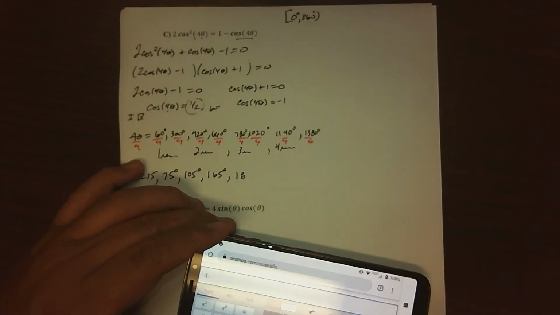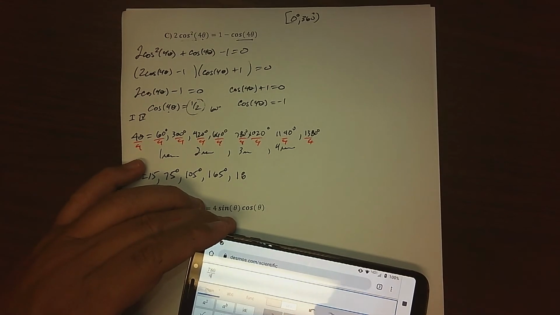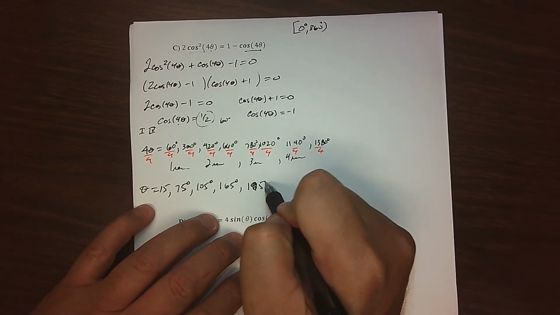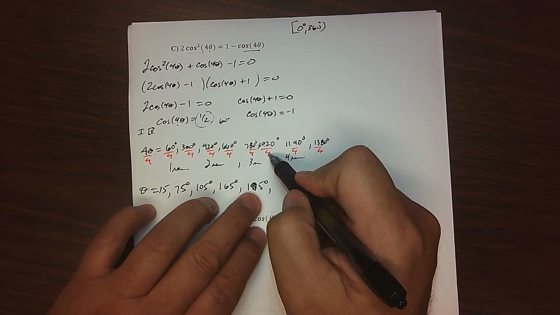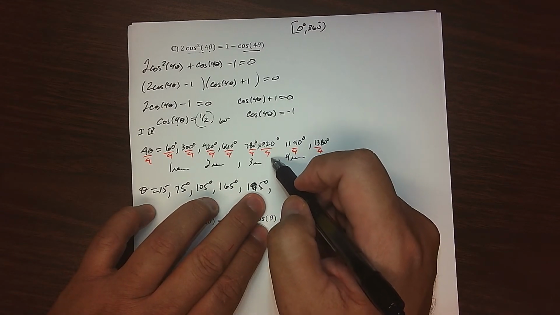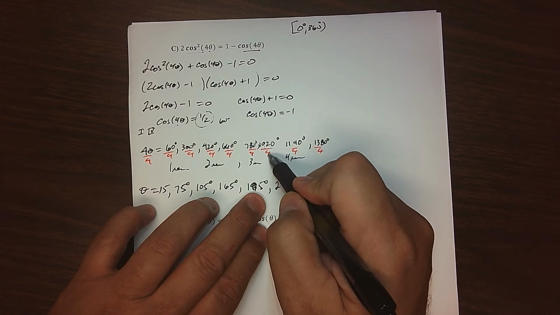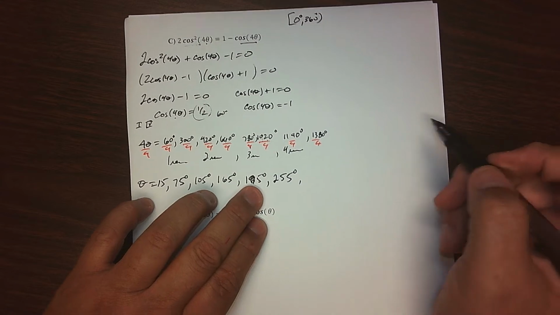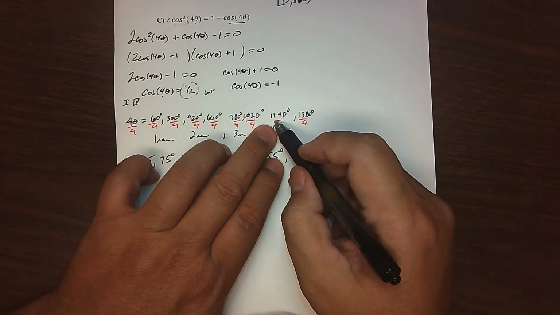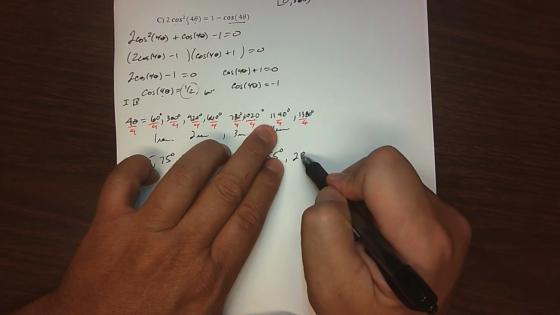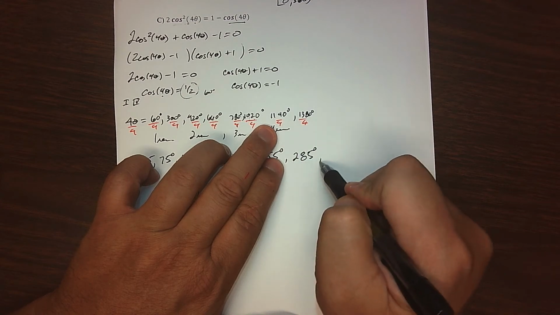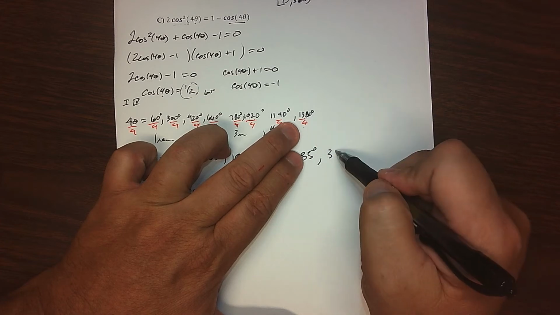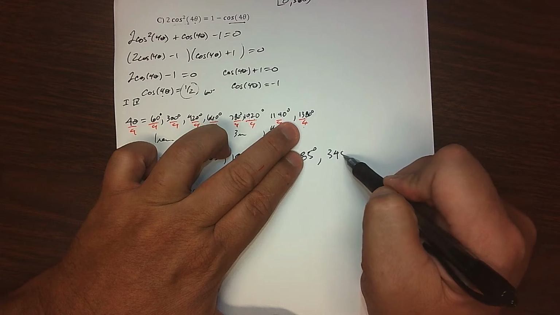All right, so 780 divided by 4 gives us 195. I thought I was a little off there. So 195, then 1020 divided by 4 gives us 255. And then 1140 divided by 4 gives us 285, and 1380 divided by 4 gives us 345.